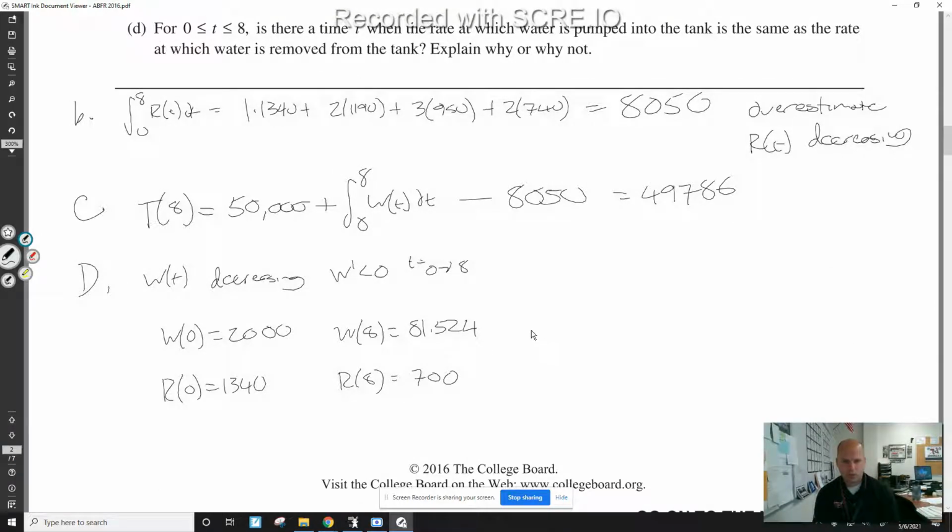Since both W and R are decreasing, W going from 2081, R from 1340 to 700, they will be continuously decreasing. W is going to have to cross through R, which will be decreasing at a slower rate, at some point. Don't try to find the point.